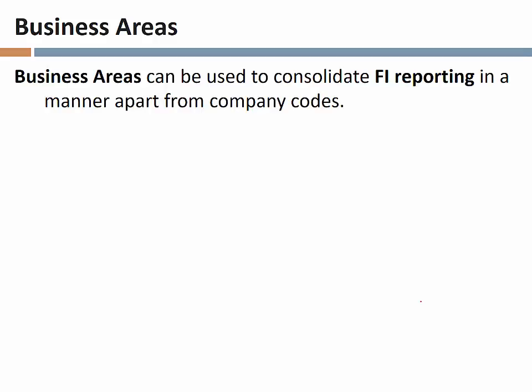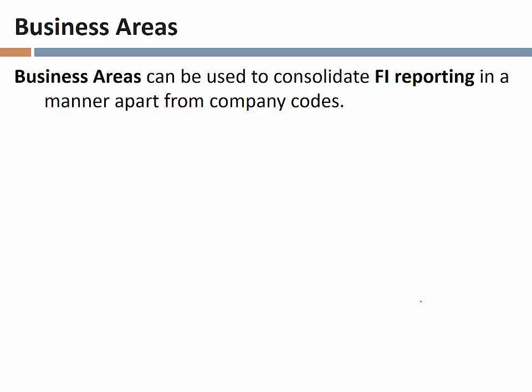Now, before we step into the details of this, let's think about why we have this. Everything in financial accounting that we've said up to this point is that financial accounting revolves around the company code, and that keeps us in compliance with the law. It helps us do what we need to do.